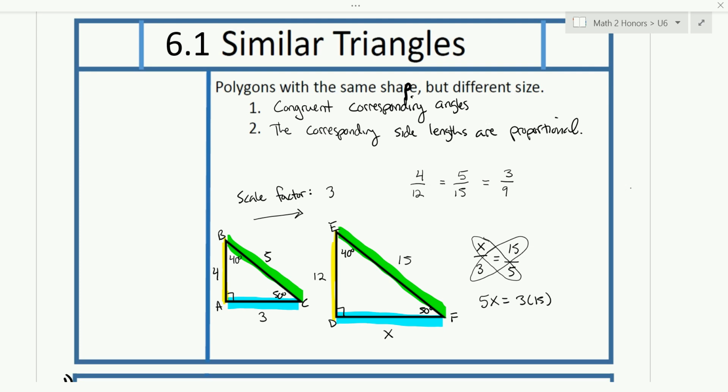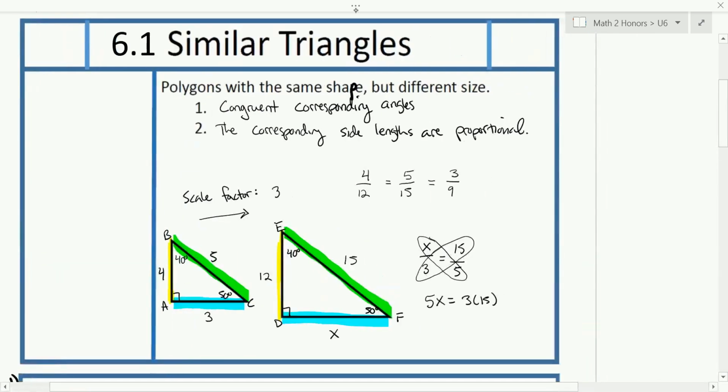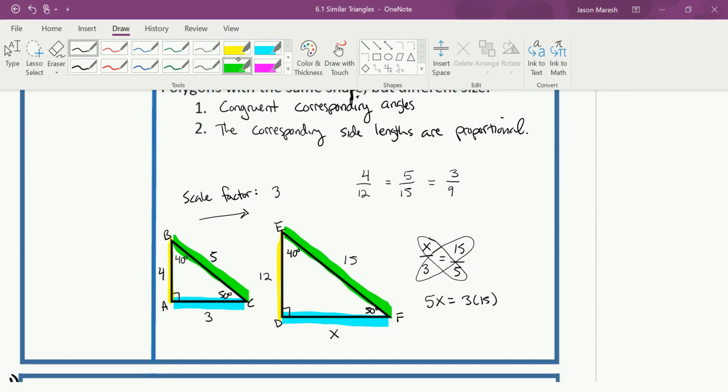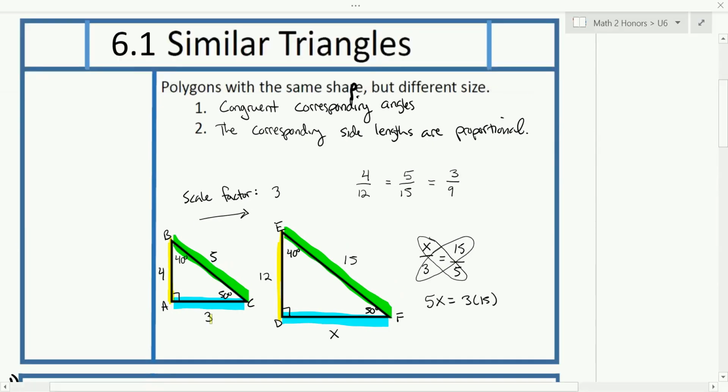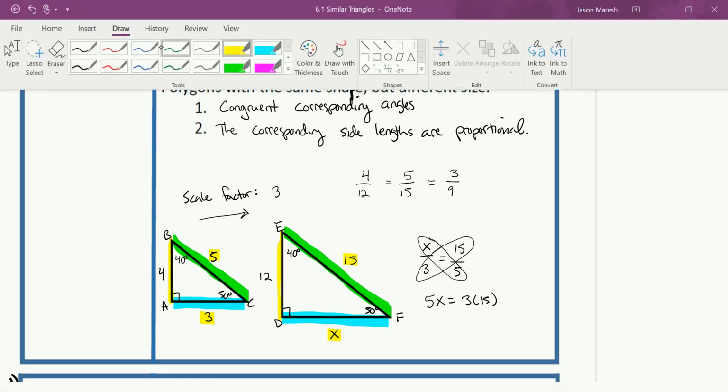In setting this up to solve, that's one way to set this up. I want you to set up another proportion using the same 4 parts that we used for this one. What's another proportion that would give us the same exact answer?